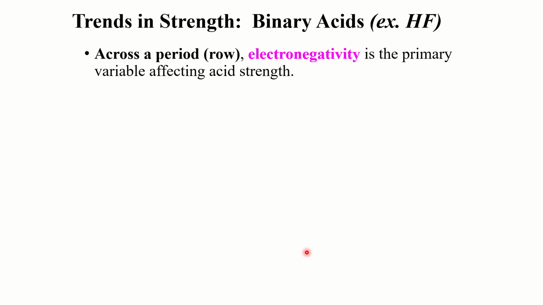So the trends you need to understand here, first, going across a row or across a period, so going left to right across a row, electronegativity is the primary variable affecting acid strength. So let's say HF versus H2O. Both have hydrogen.